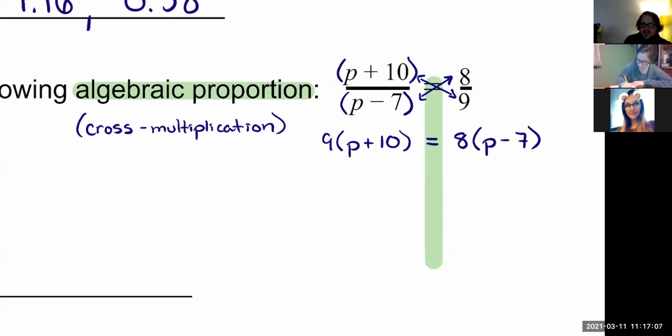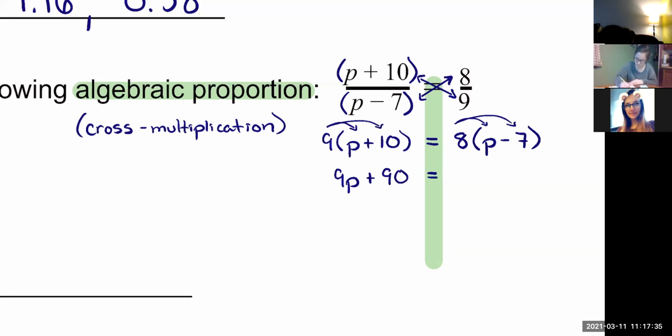After that cross multiplication, however, this just becomes a linear equation. We're going to solve it just like we did the problem on the first page. I'm going to go through our steps. First thing that should catch our eye, parentheses. We have 2 sets, so 2 distributions taking place here. So on the left, distributing the 9, I should get 9p plus 90, equals distributing the 8 on the right, 8p minus 56.